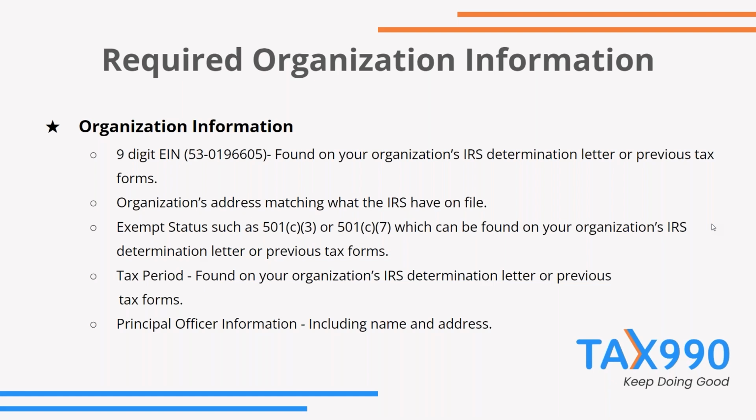The information you provide on your return must match the information on the IRS database. Most of this information can be found on your organization's IRS determination letter or on previous tax returns. If you do not have this documentation, you may need to contact the IRS prior to filing.